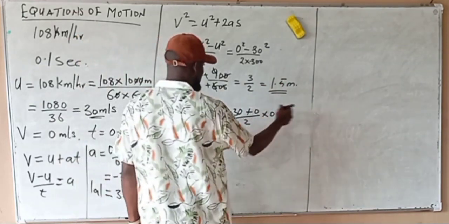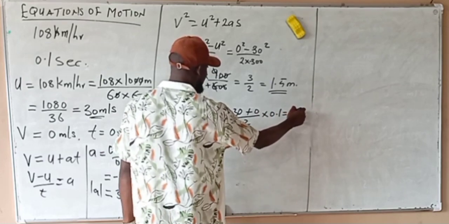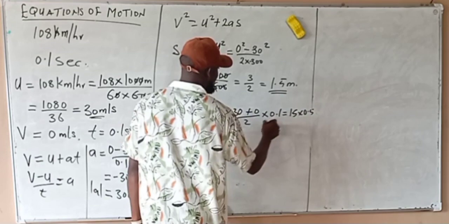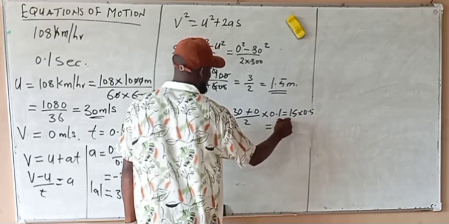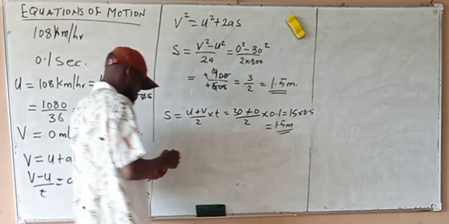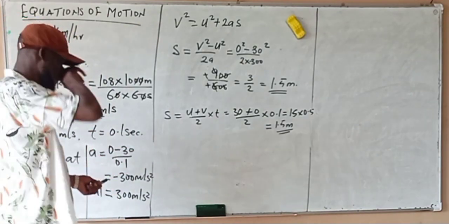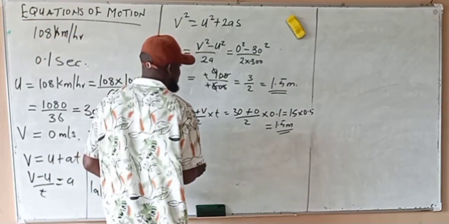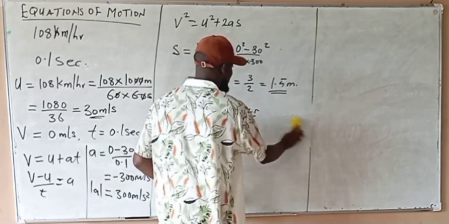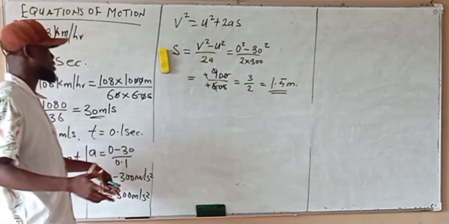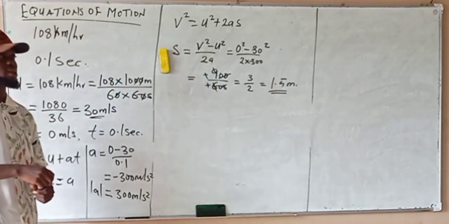That is 15 times 0.1, which gives you 1.5 meters. So you take the average speed, which is the final plus the initial divided by 2. So you can also use that to get an answer. The study of that is very important.